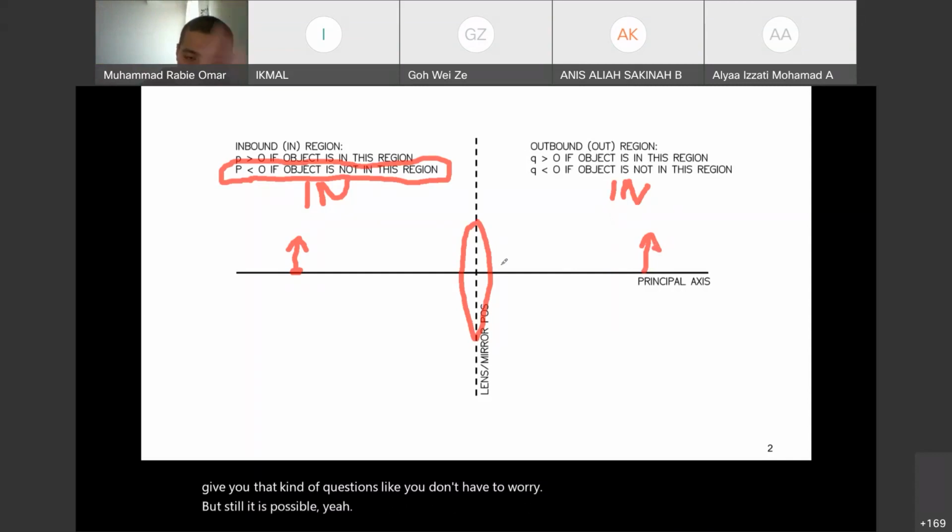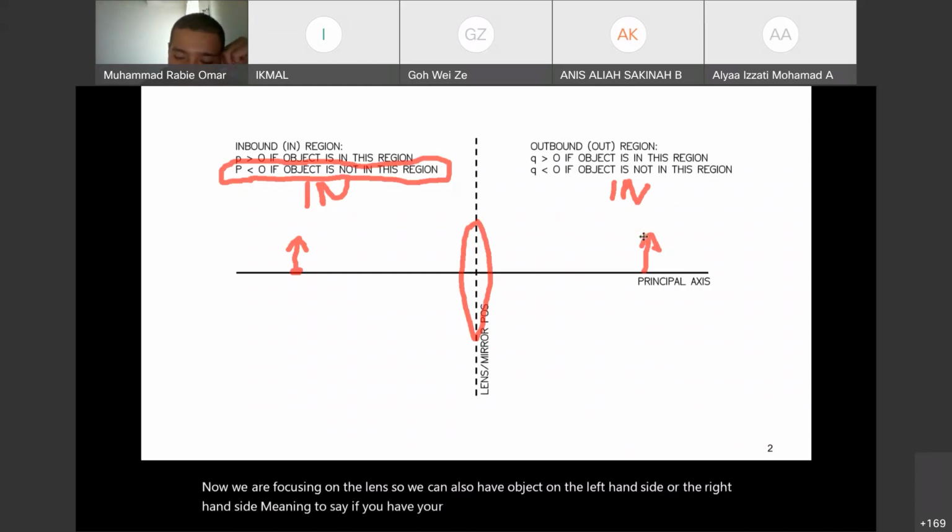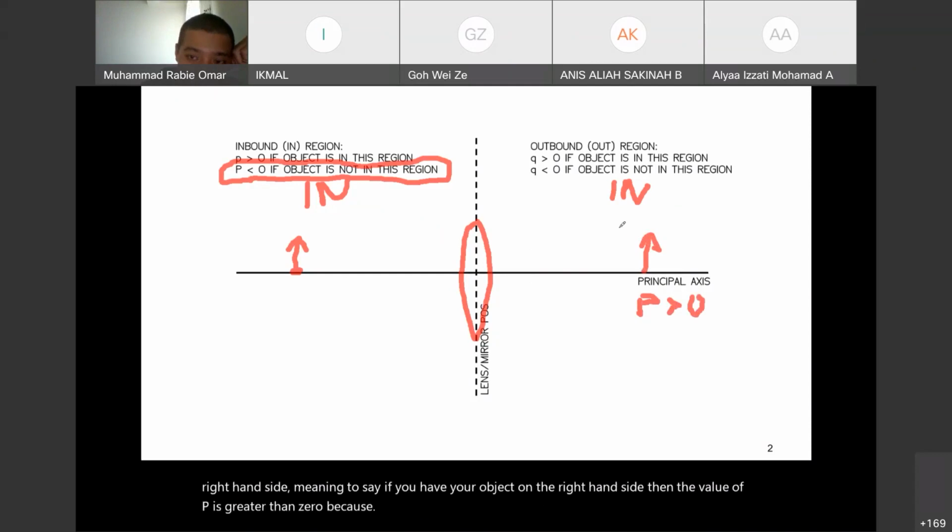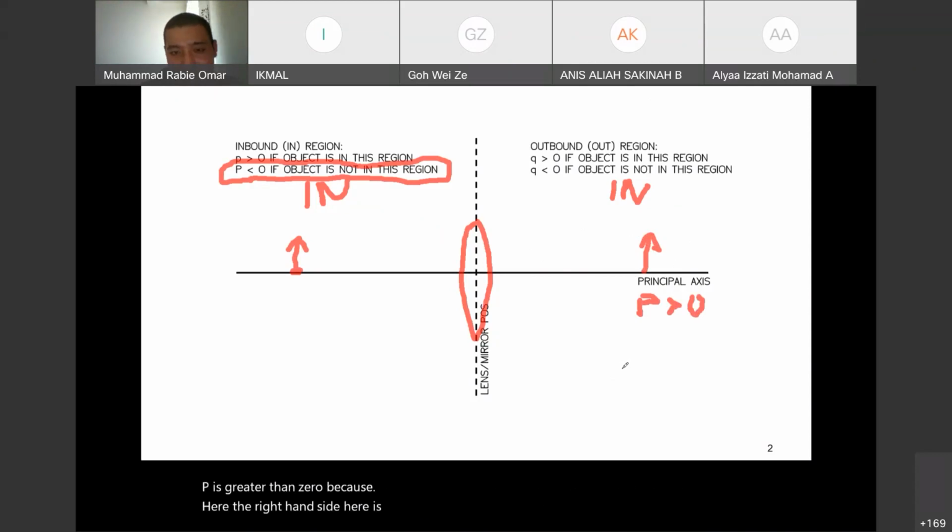Now we are focusing on the lens, so we can also have our object on the left-hand side or the right-hand side. Meaning to say, if you have your object on the right-hand side, then the value of P is greater than 0, because here the right-hand side is your inbound region.